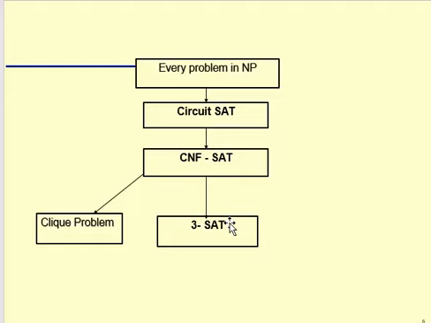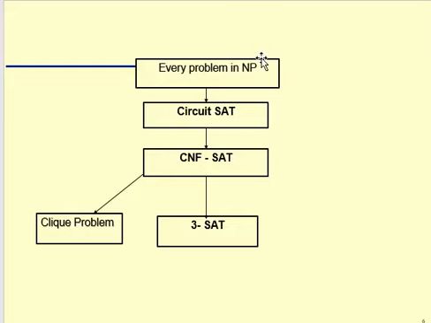So what's the meaning of this? If 3 SAT can be solved in polynomial time, then CNF SAT can also be solved in polynomial time. Now if CNF SAT can be solved in polynomial time, then circuit SAT can also be solved in polynomial time.